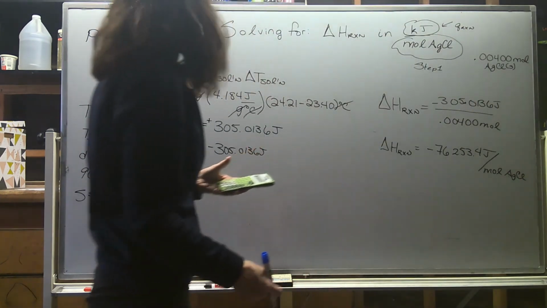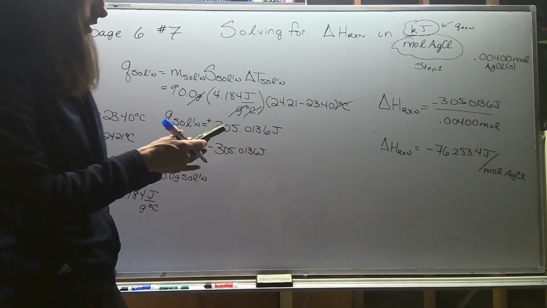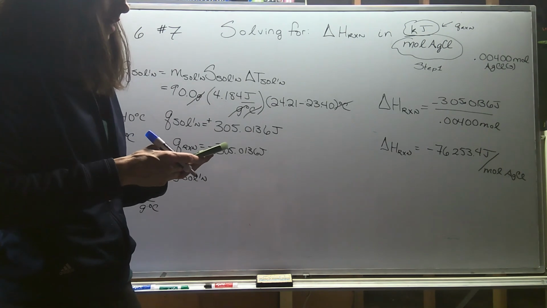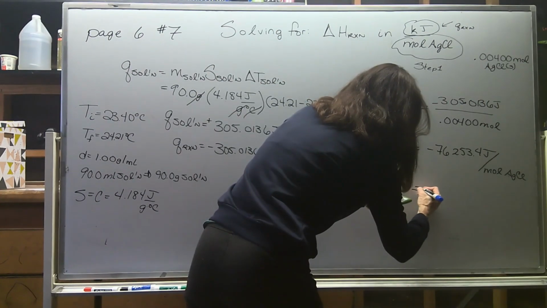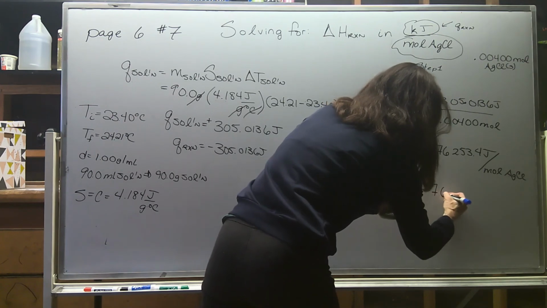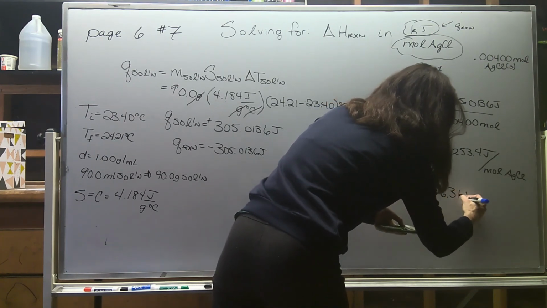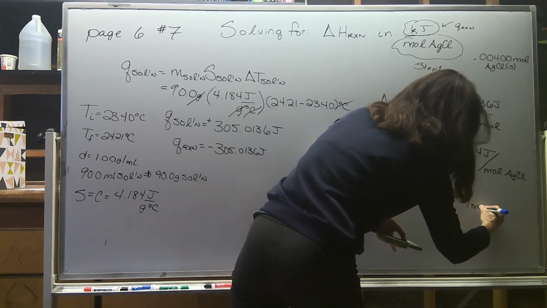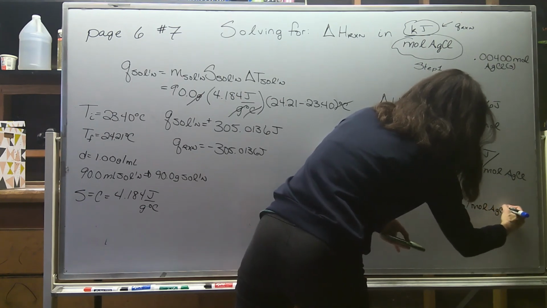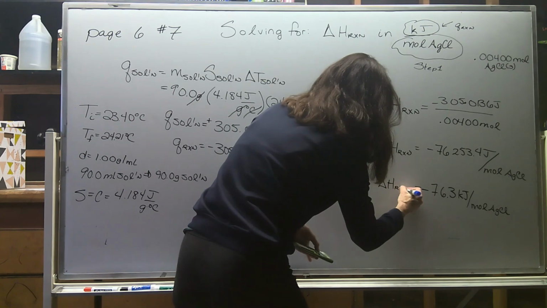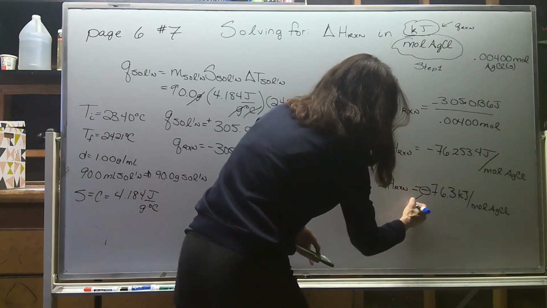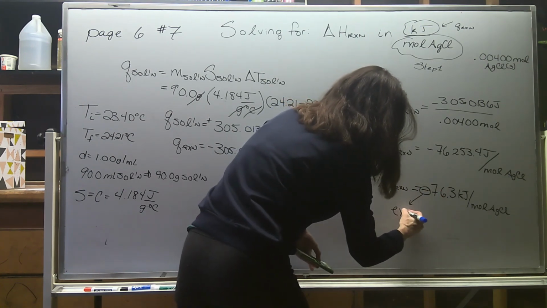They want it in kilojoules, and it looks like it's 3 sig figs, so I'm going to divide by 1,000 and report my final answer as negative 76.3 kilojoules per mole of silver chloride. The negative is important because that tells us it's exothermic.